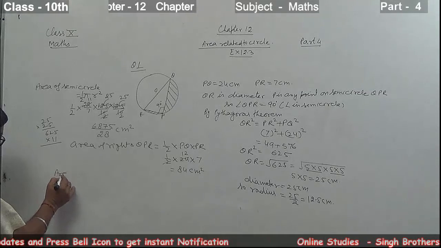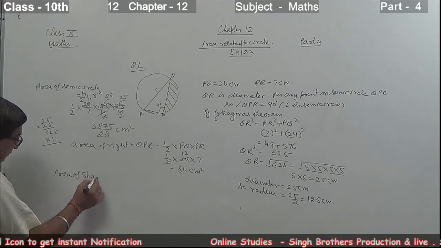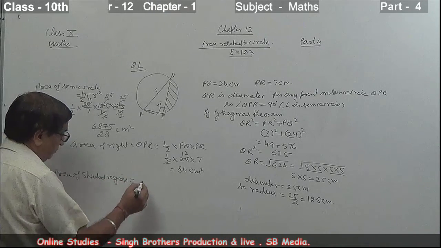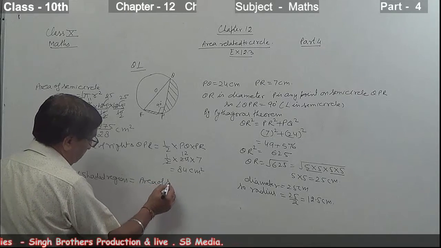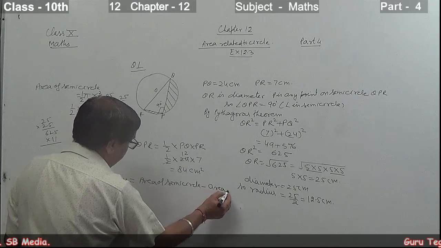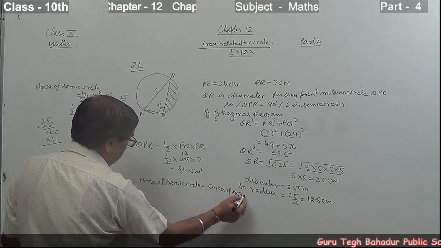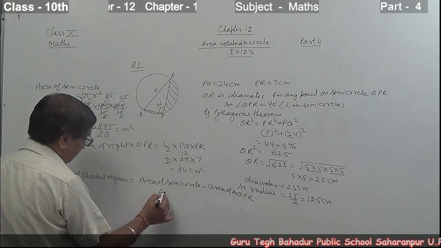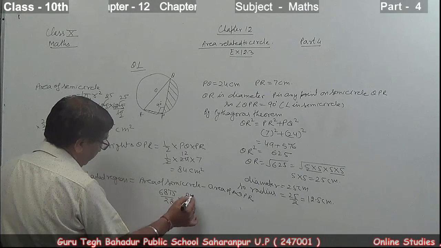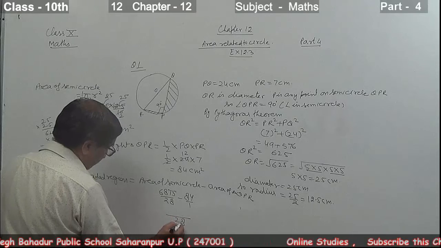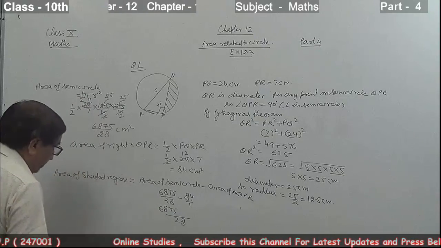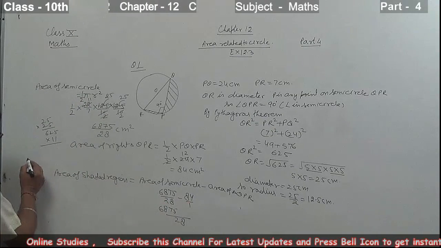So area of shaded region is equal to area of semicircle minus area of triangle QPR. So it is 6875 upon 28 minus 84 upon 1. 28 is the LCM. So it will be 6875, 1 into 1 divided by 28 is 28, 28 into 84.